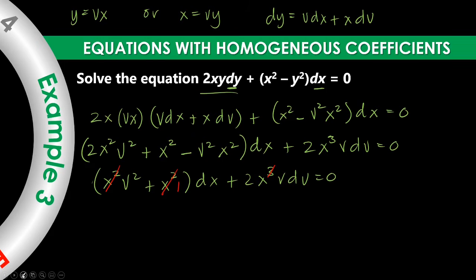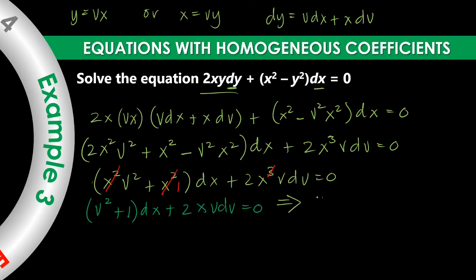Okay, so let us rewrite the simplified expression. Here, we will be left with v squared plus 1 dx plus 2, and here we have x multiplied by v dv equals 0. Now, what have you noticed in this final equation that we have here?